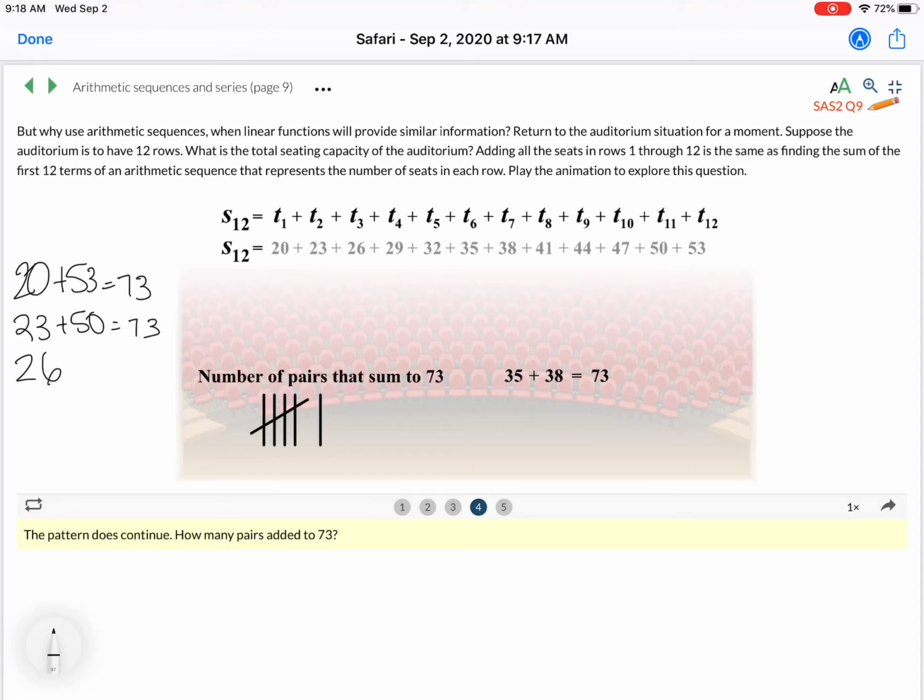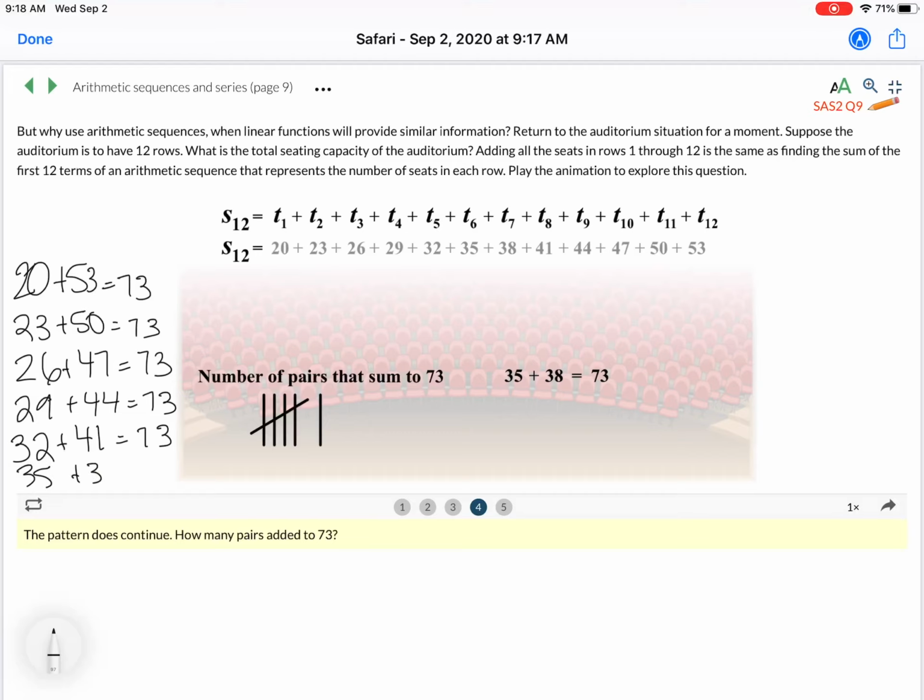That's what I'm doing. 26 plus 47 is 73. 29 plus 44 is 73. 32 plus 41 is 73.